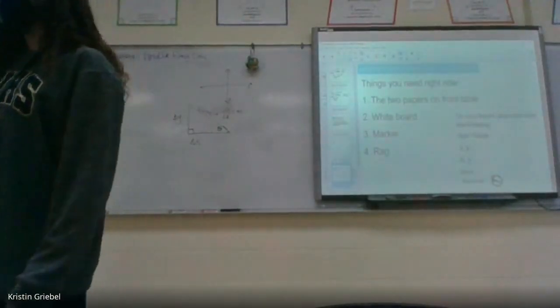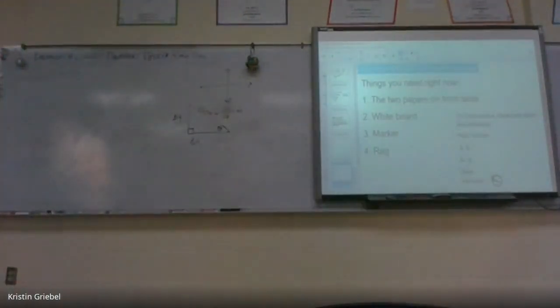The triangle we did yesterday had an 11-degree slope angle, and you need to label the two sides that make the slope.